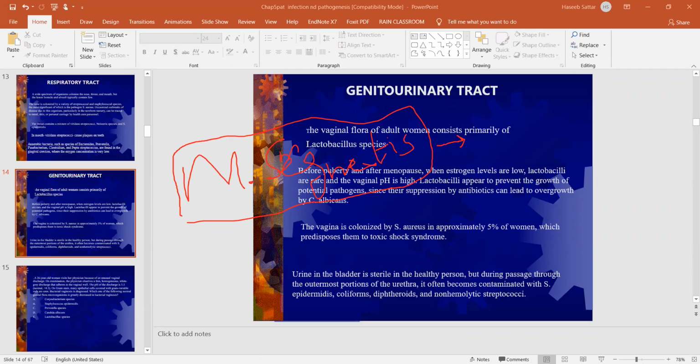That is why sexually transmitted diseases are very common in uncircumcised males. So that was about the bacteria which are present in our genitourinary tract as normal flora and their relevant diseases.